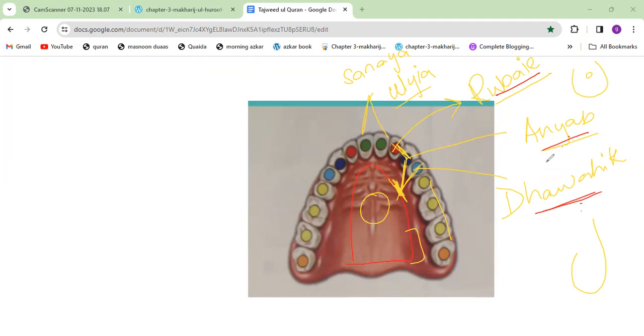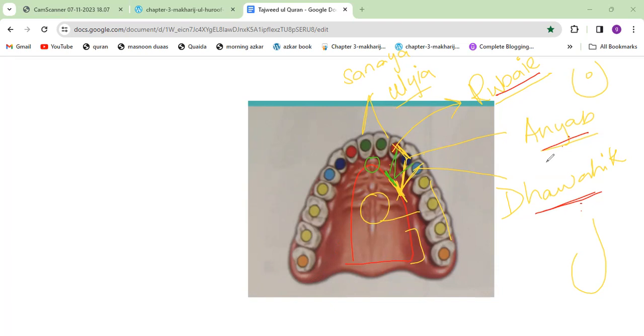You have to connect the sides that are closer to the middle of your tongue with these two teeth to pronounce the letter lam. And if you connect the next part, or the part that is closer to the tip of your tongue, and you connect it with the second last and the last teeth, it will be pronouncing the letter noon.